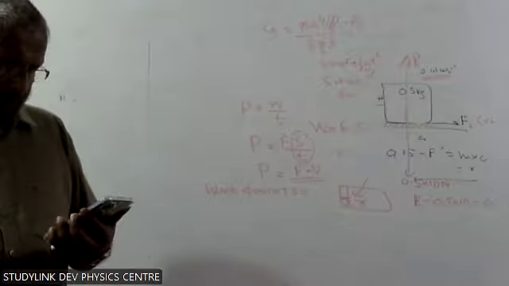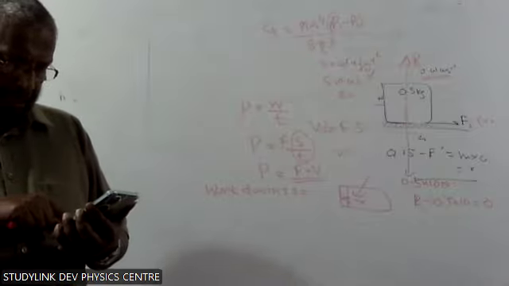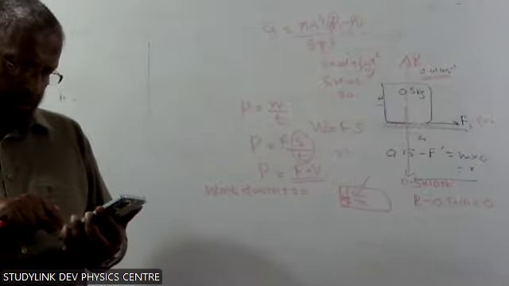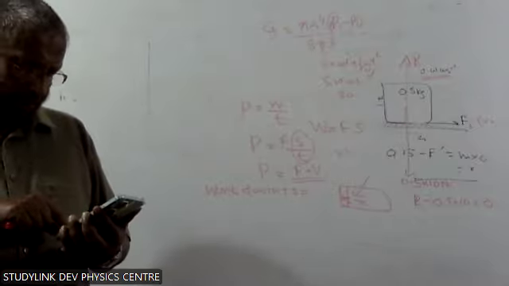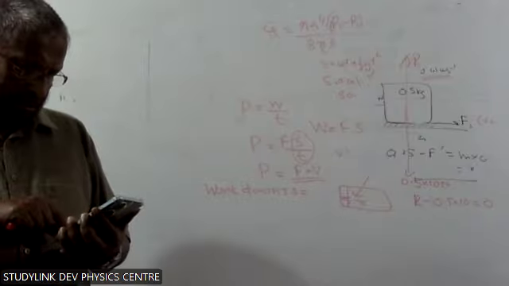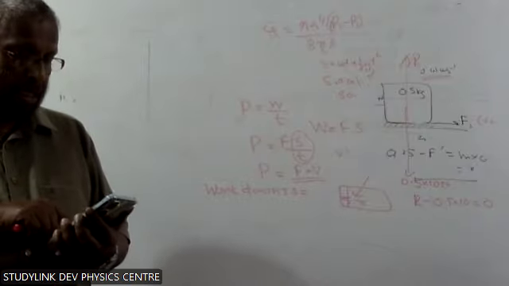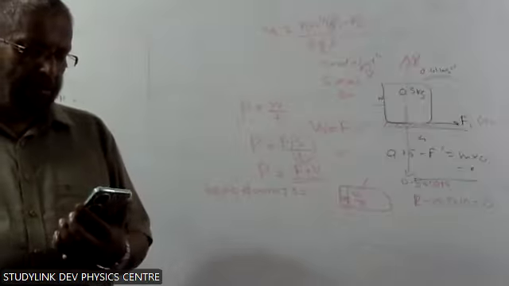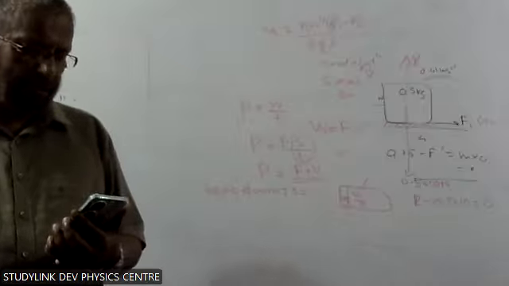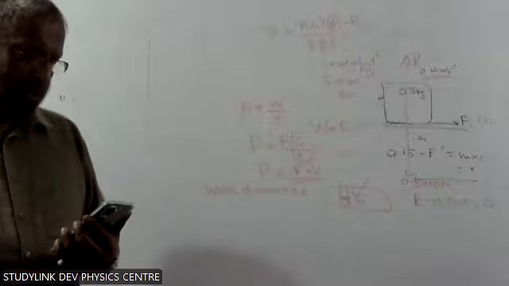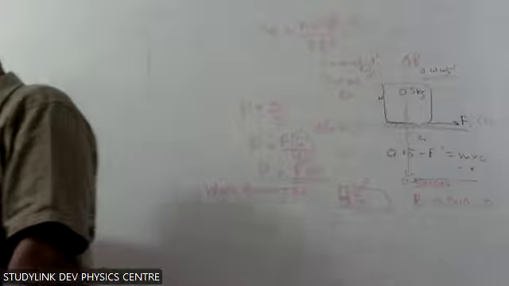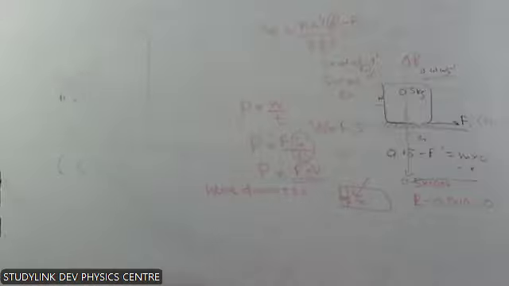Next one. Suppose that the radius of the cross section of the tube is R, the pressure difference across the tube is delta P, and the rate of flow is Q. Write down an expression for the resultant force acting on the liquid in the tube due to this pressure difference delta P. They are asking for the force.